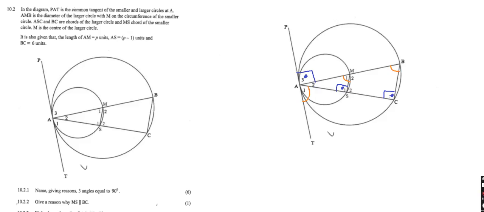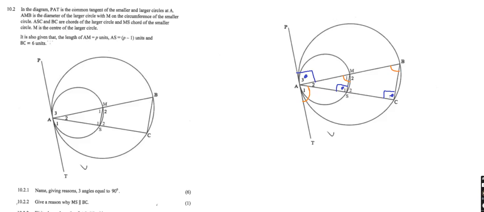But that makes sense because it's tan perpendicular to diameter of the larger circle with M on the circumference of the smaller circle. ASC and BC are chords of the larger circle, and MS is the chord of the smaller circle. M is the center of the larger circle.